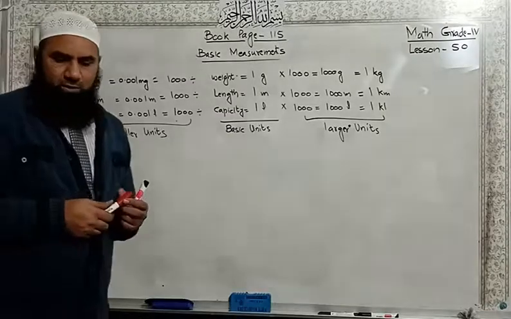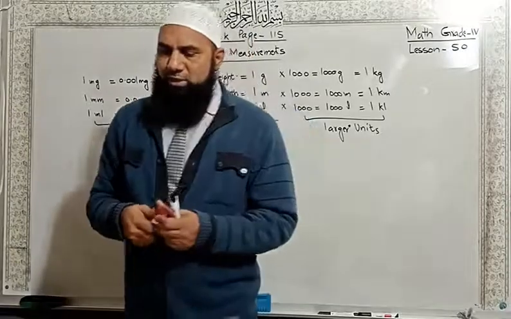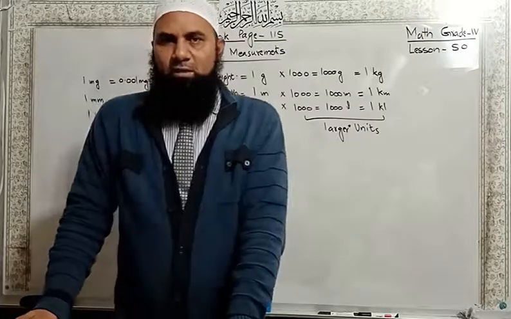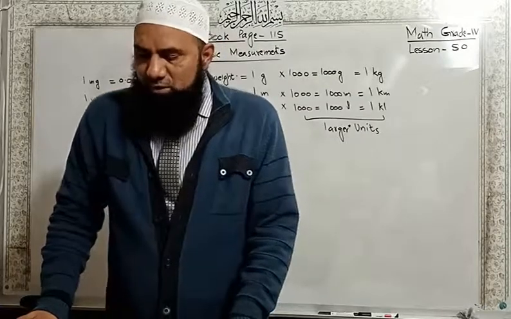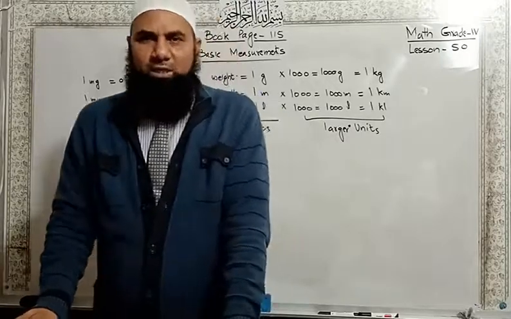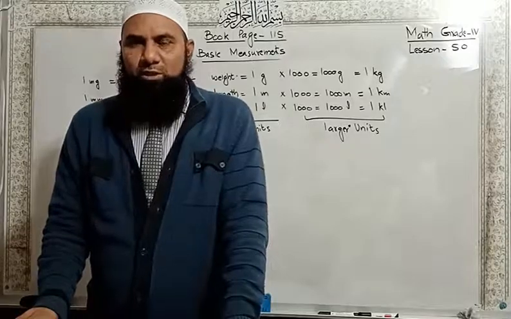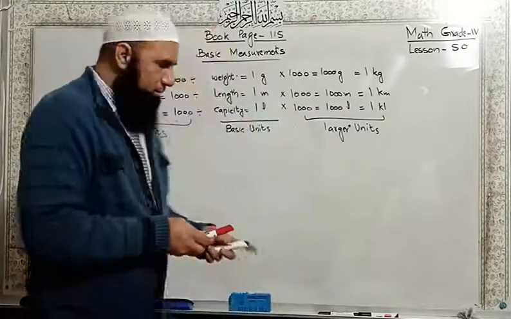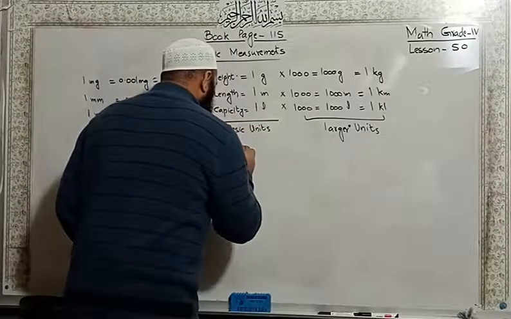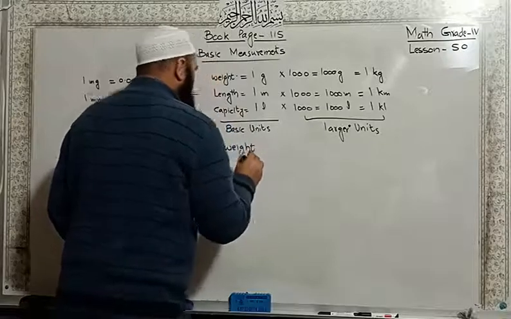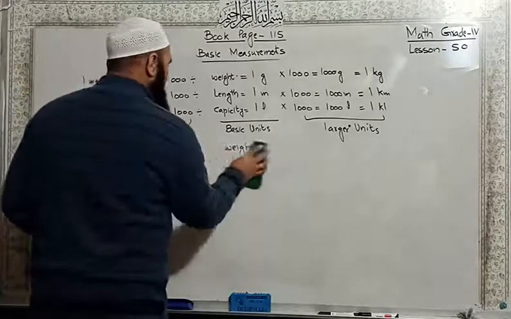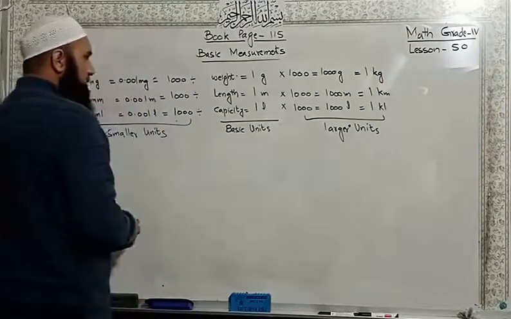There are also some other units known as hecto. For kilo, remember that we multiply by 1000. For hecto, we will multiply by hundreds.